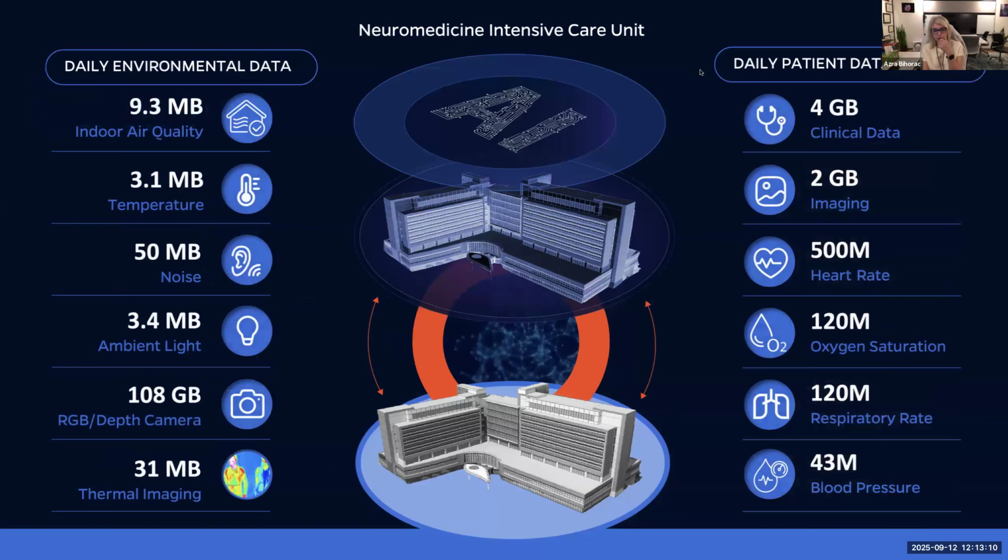So the virtual intelligent ICU hospital, you can see here, starts with the physical model of the hospital that is then mapped into the virtual model and then connected with a lot of data. Our pilot project was a neuromedicine intensive care unit where we model the entire ICU and operating room for neuro, and then we connect a lot of data coming from the environment and also patient data from monitors that measure heart rate, oxygen saturation, as you know, everything that comes through the monitor and also through the imaging devices.